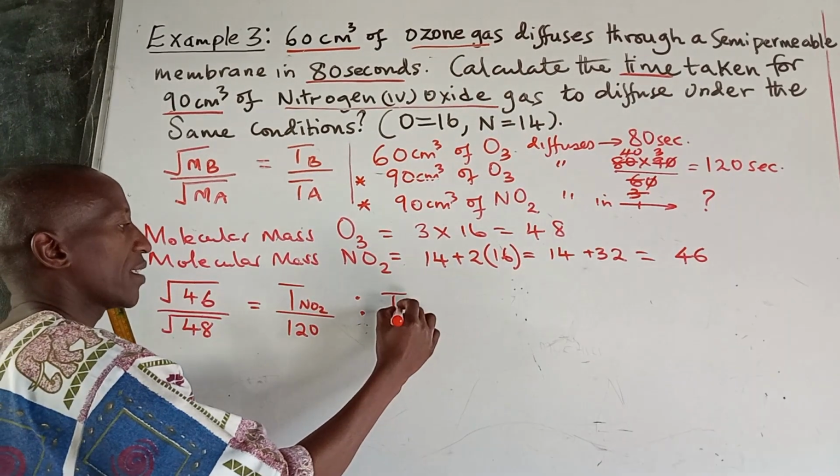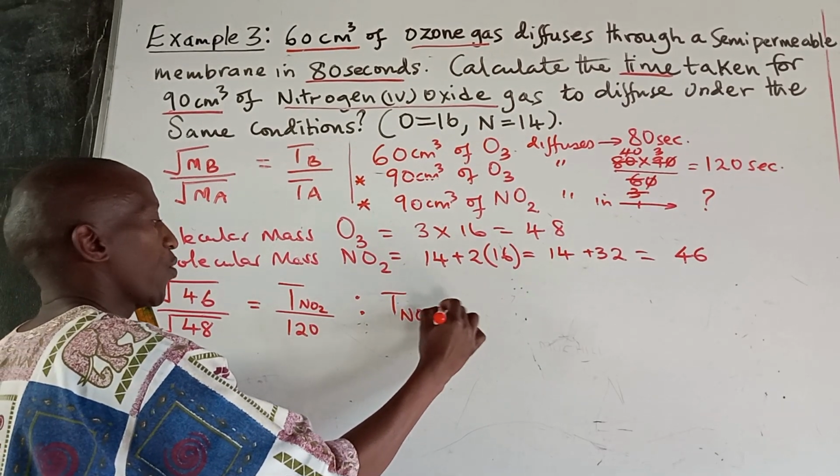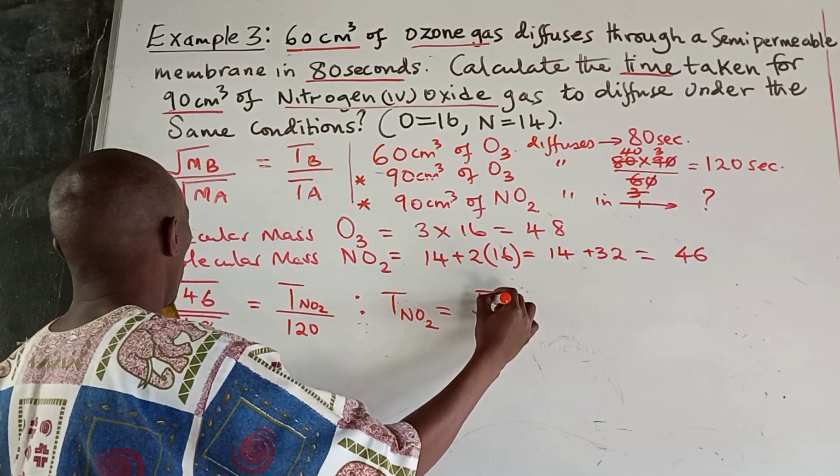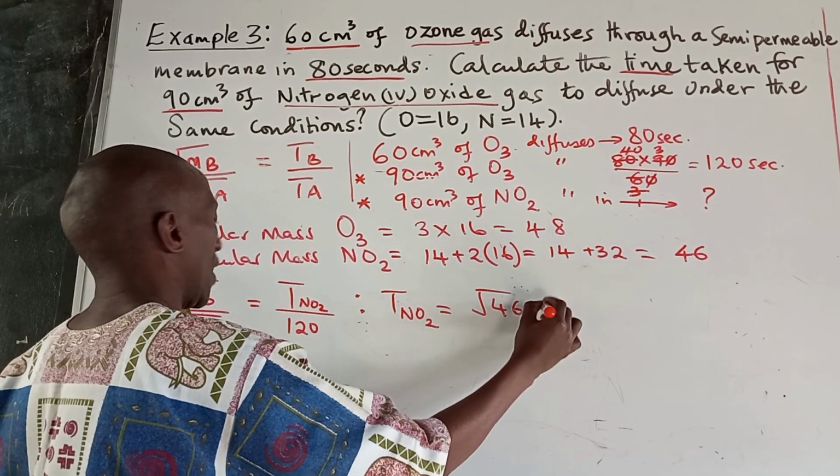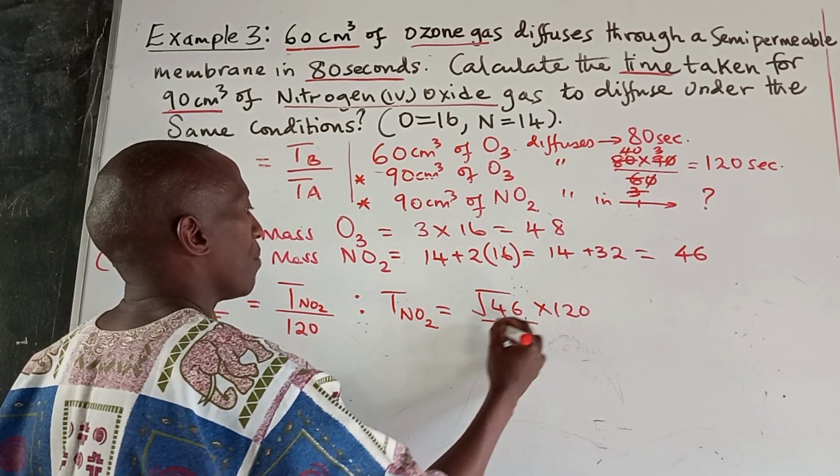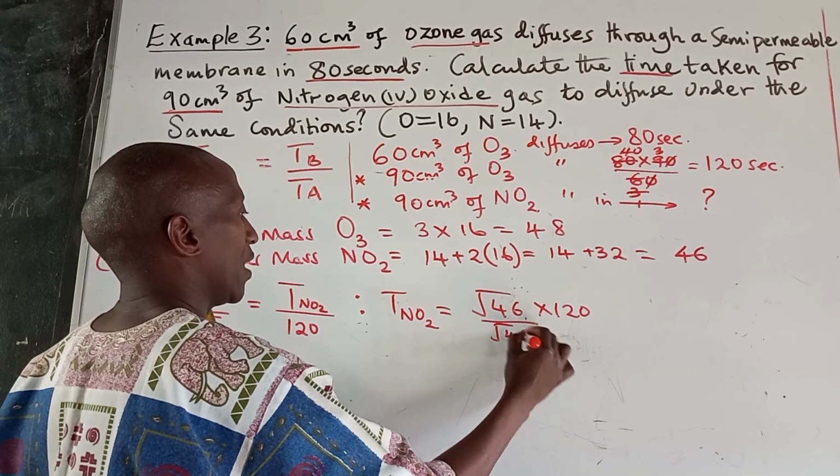So we can change on that and say the time for NO2 will be equal to square root of 46 times 120 divided by square root of 48.